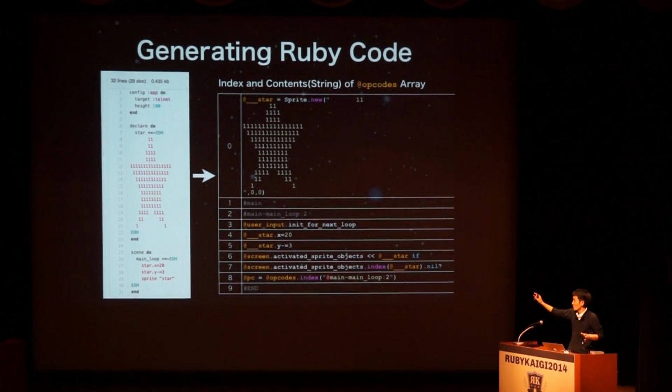Maybe it's too small, so maybe you can check this presentation file later. But for Ruby to Ruby, this table represents the instance variable opcodes, which is just an array. So in each element, you contain one line of code, basically.